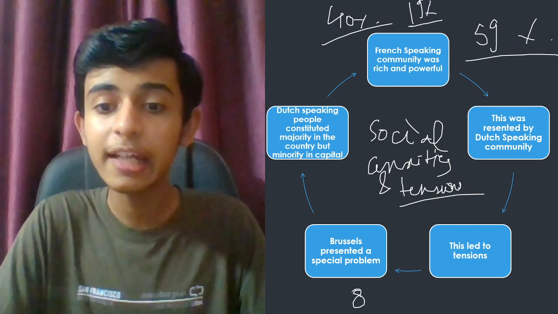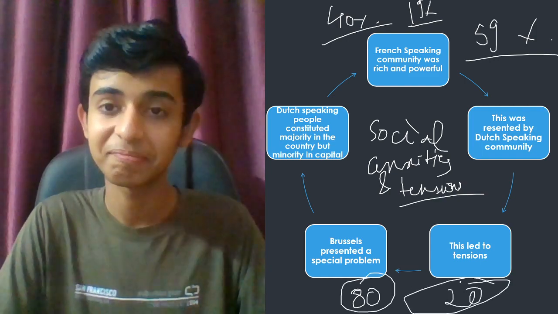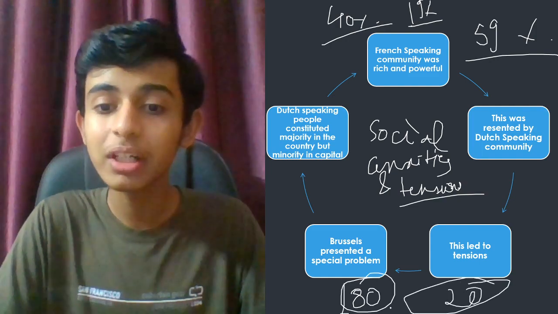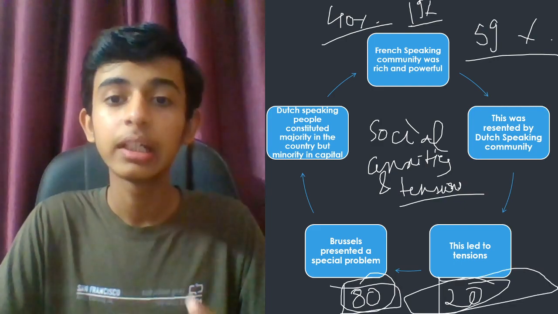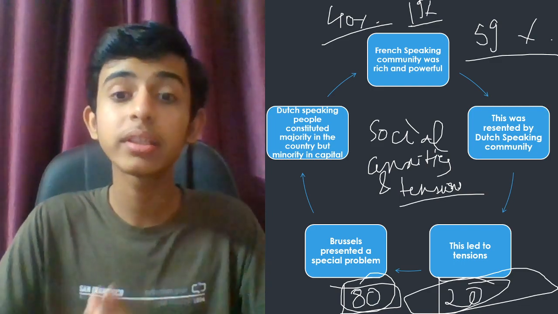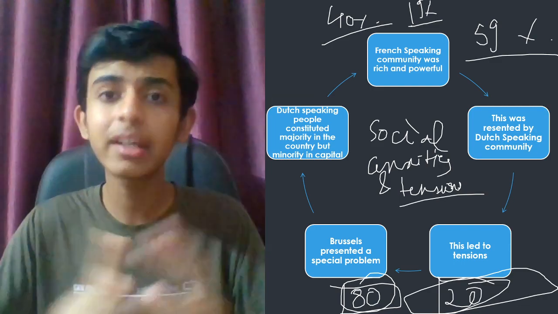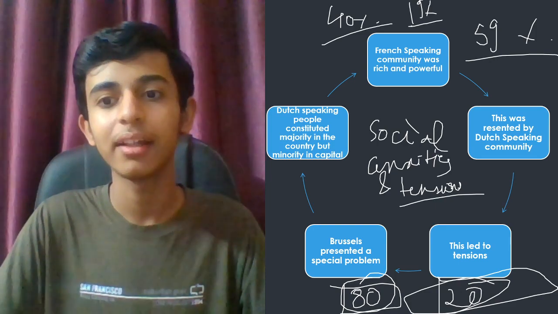Here it is 80 and 20, can you imagine the difference? French people were so many and Dutch people were so few. So that is why this led to problems. The Dutch speaking people constituted the majority in the country. They were present in majority in the whole country, but minority in the capital.